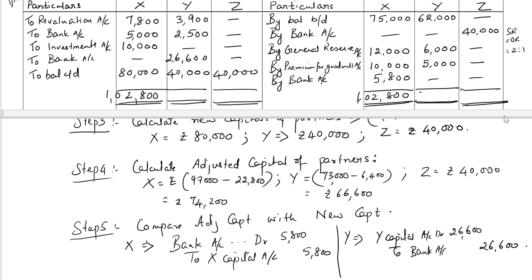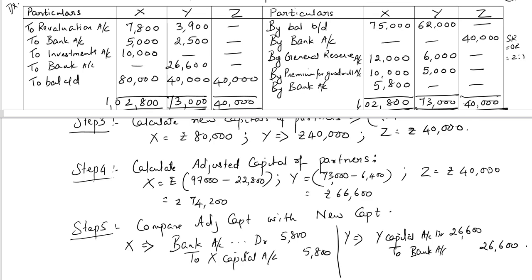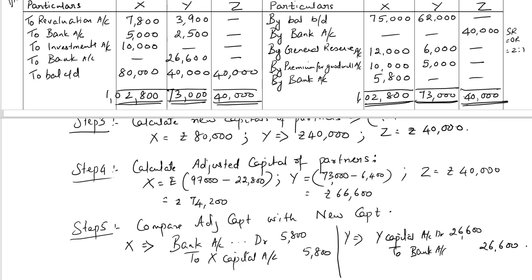In the case of Y, total of the credit side 73,000. And the total of the debit side is also 73,000. And in the case of Z, both sides total to rupees 40,000. So the partners' capital accounts are prepared by us in the top half of the screen.